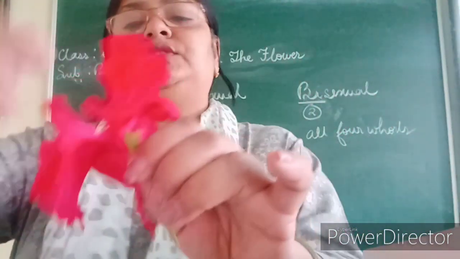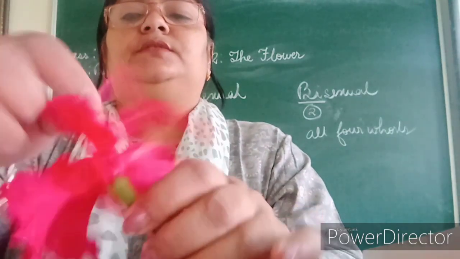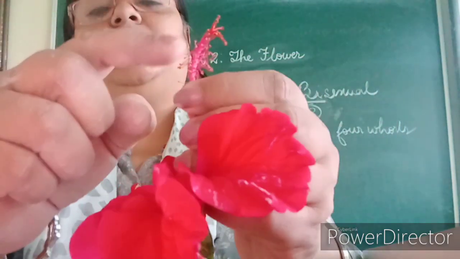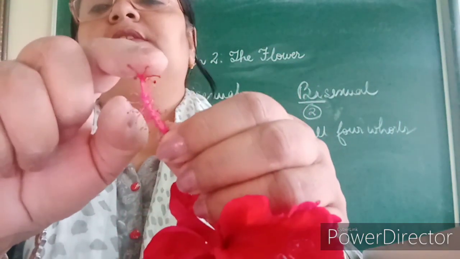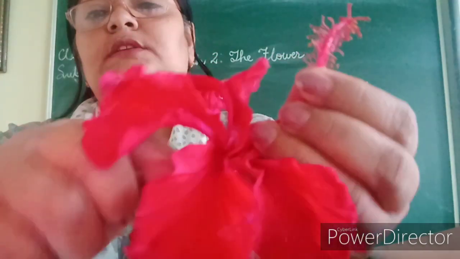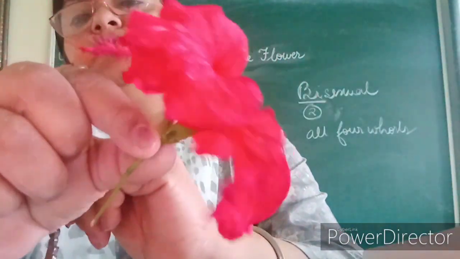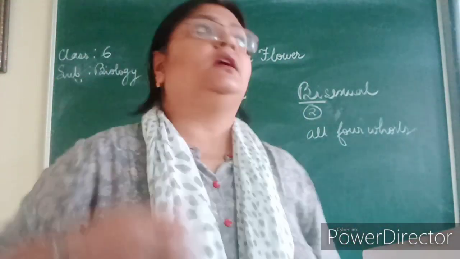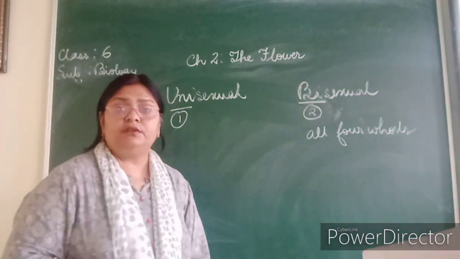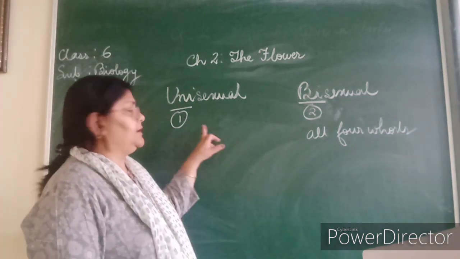So this is a bisexual flower, a hibiscus. That is why we study this flower as a specimen to study the floral parts. So you saw it has calyx, it has corolla, it has the androecium as well as the gynoecium. So this is an example of a bisexual flower. Okay, but in some flowers one of the reproductive whorls might be missing.